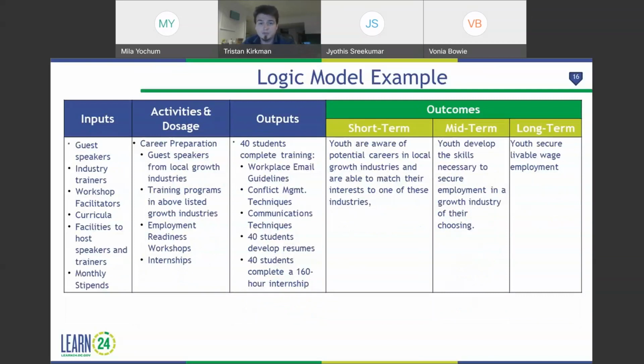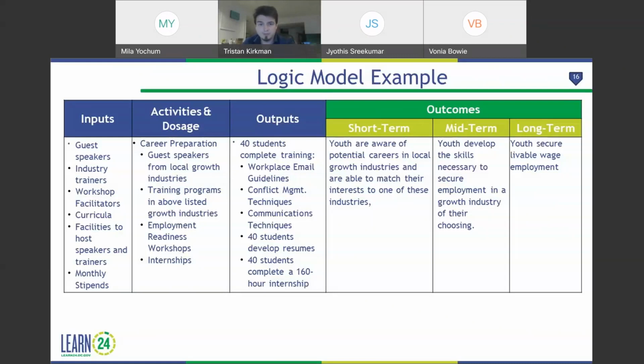This can include guest speakers from local growth industries, internships, employment readiness workshops. And the direct outputs from these activities are, say, the number of students who completed trainings in workplace email guidelines, or the number of students who developed resumes as part of the program activities, or the number of students who complete a particular internship.